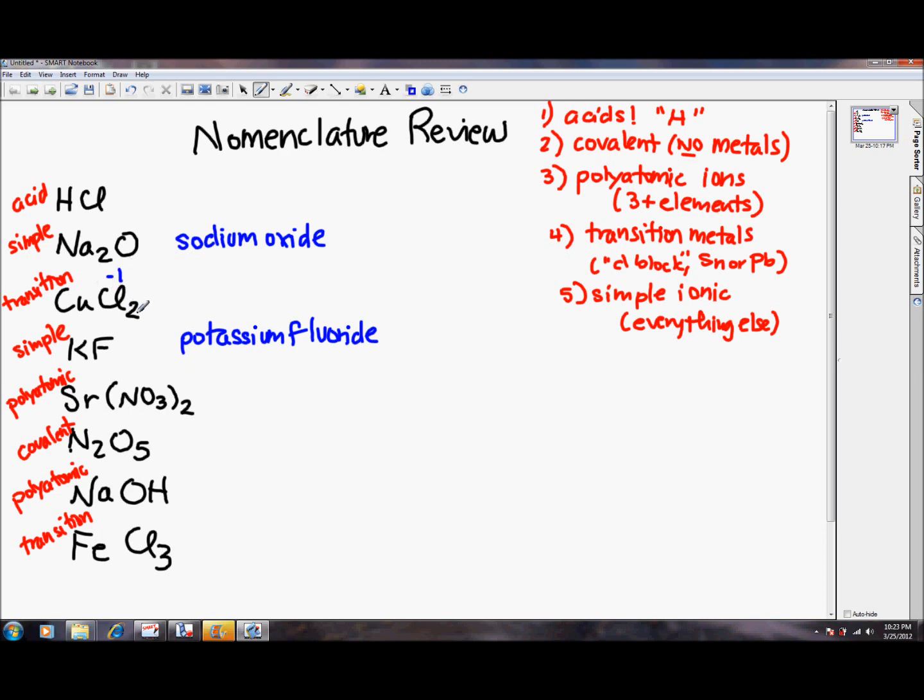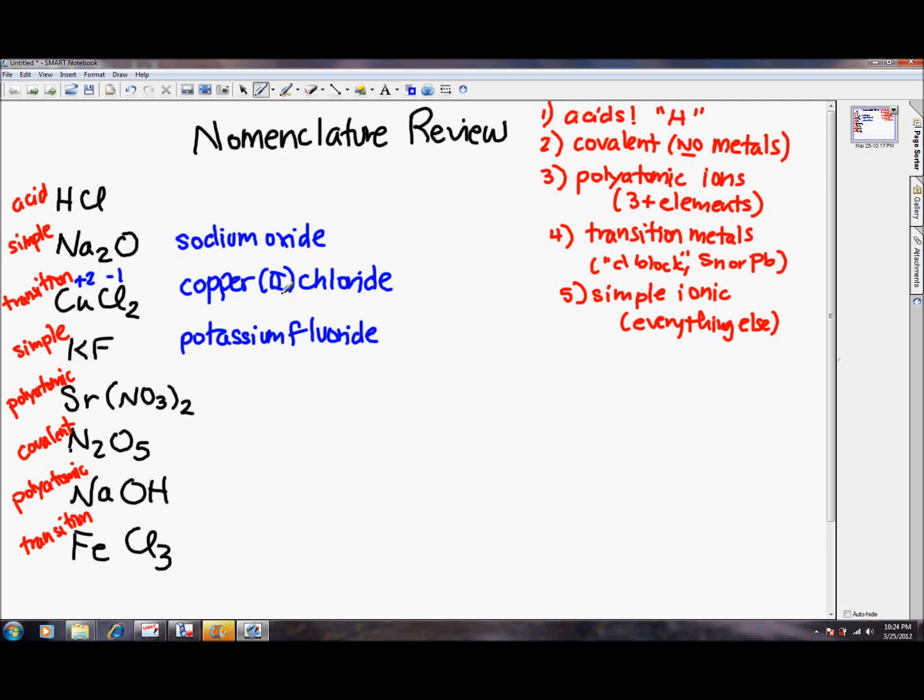Okay, so that means there's 2 -1 chlorine ions. Well, those must be balanced out, so that means the copper has to be a +2 to balance out 2 -1s. So that means that this is copper, Roman numeral 2, chloride.